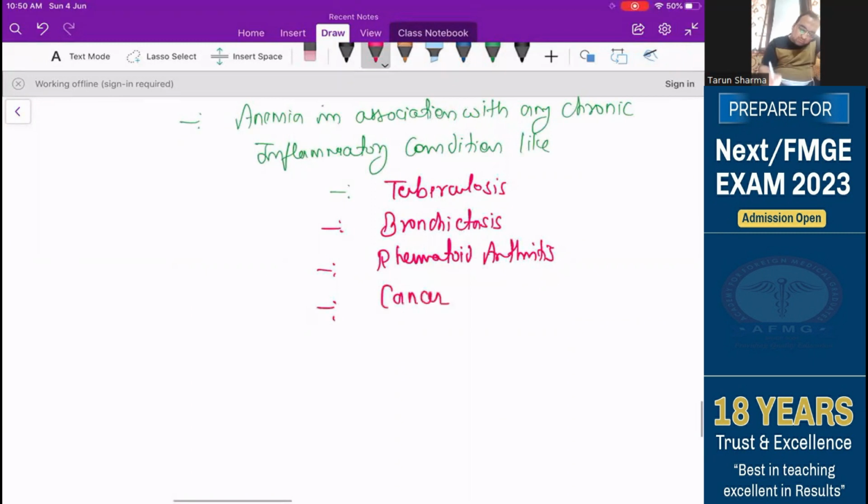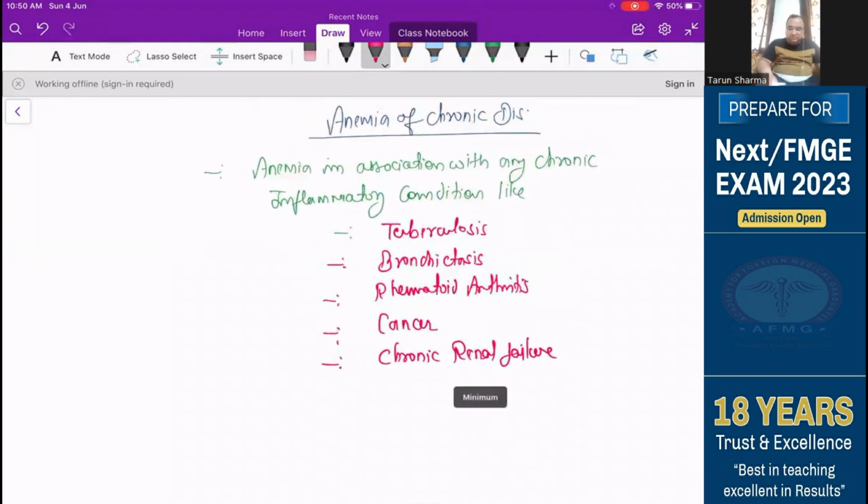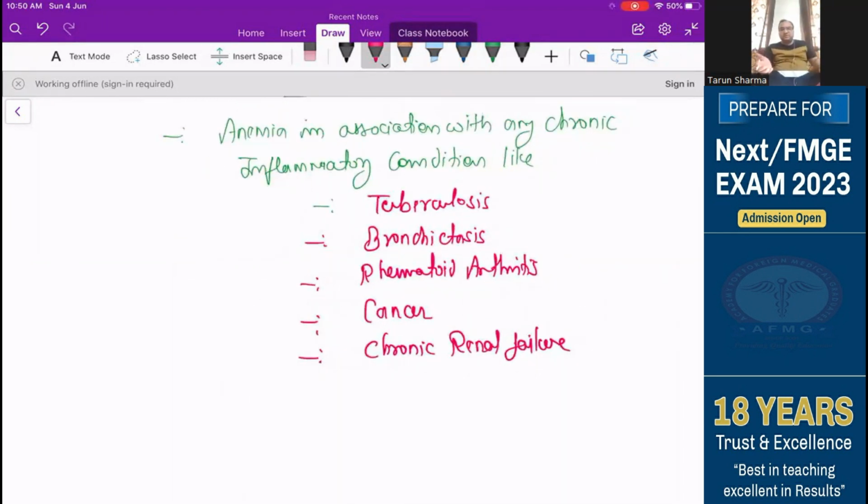Cancer is also an inflammatory condition. Remember, in cancer also, we have a lot of chronic inflammatory situation. So that's why cancers are also one of the causes. CRF, that is chronic renal failure. So not only these options, you can choose any chronic inflammatory condition where you will see anemia.